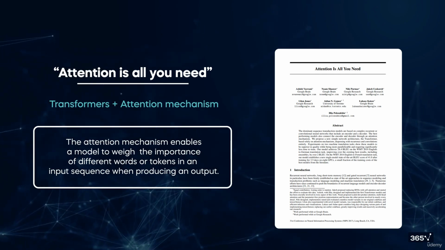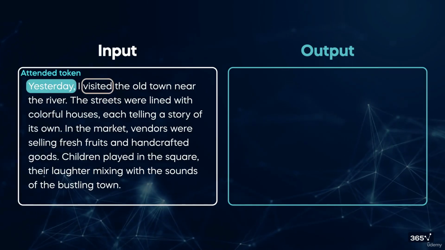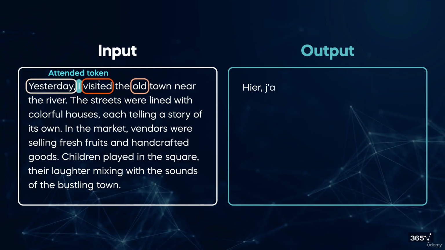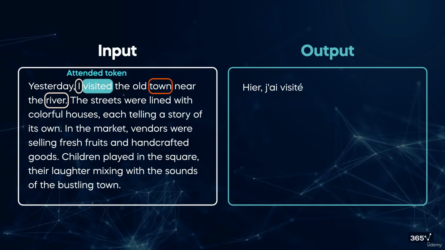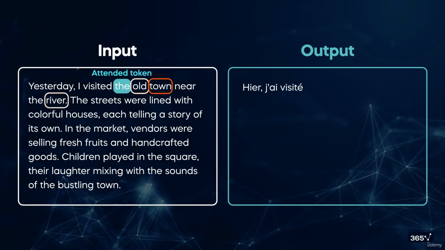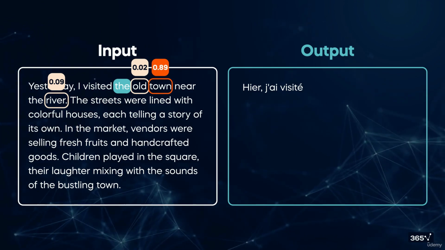The key idea behind attention is that instead of processing the entire input sequence at once in a fixed manner, the model can selectively attend to relevant parts of the sequence at each step of processing.